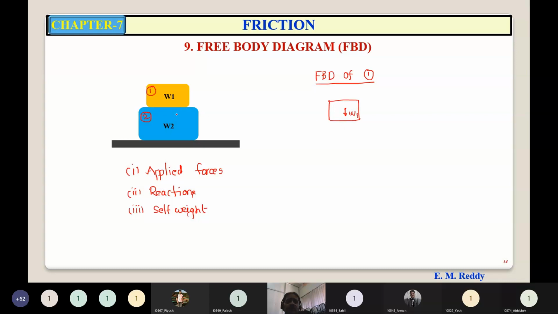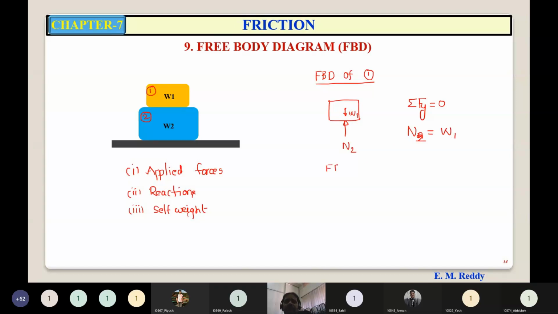And this body 2, where the body 1 is having contact, will offer a normal reaction. So I will say N2. It is a normal reaction offered by the second body on the first, right? So this body is in equilibrium. So writing summation Fy is equal to 0, you have N2 is equal to W1.